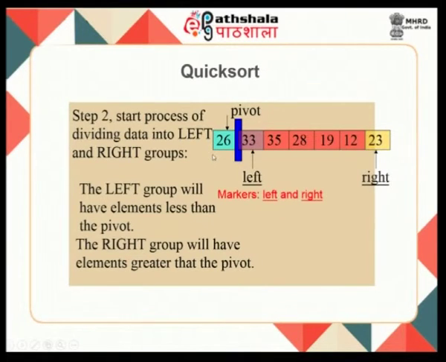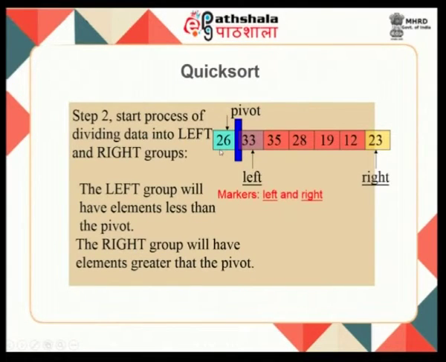Left hand side should be lesser than the pivot. So that means we have two groups, left as well as right, such that the left group will have elements lesser than the pivot element and the right group will have the elements that are greater than the pivot element.